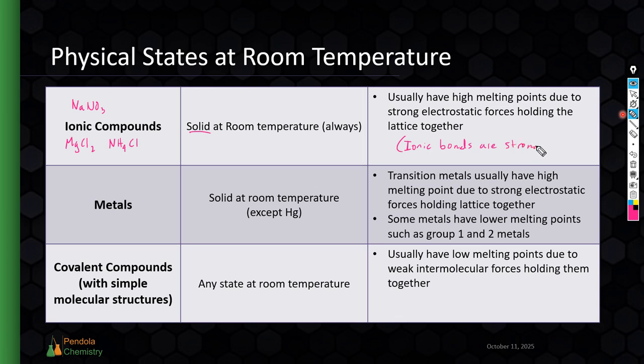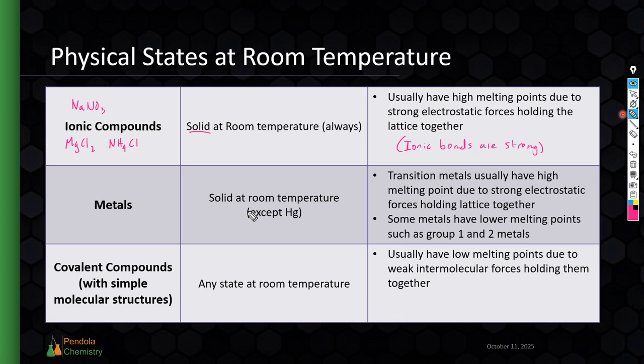Because ionic bonds are strong, they hold the lattice together really well, which means that all of these compounds are solids at room temperature because they require a lot of energy for those electrostatic forces, for example ionic bonds, to break. So that's ionic compounds. They're always solid because they have really strong bonds.